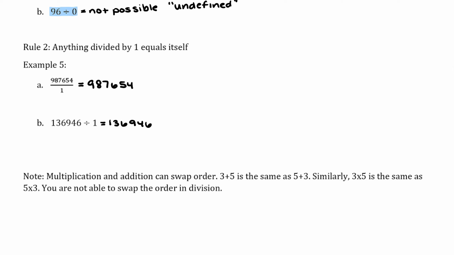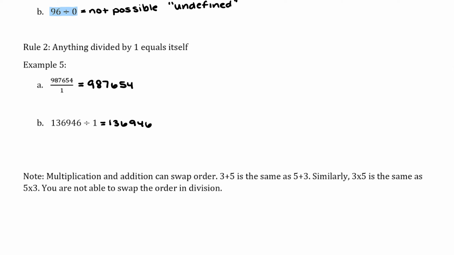So now, you might have seen it in example 3 and 4, but did you notice that you can't swap the order in division? So in multiplication and also addition, you can swap order. Think of 3 plus 5, 5 plus 3. 3 times 5, 5 times 3.